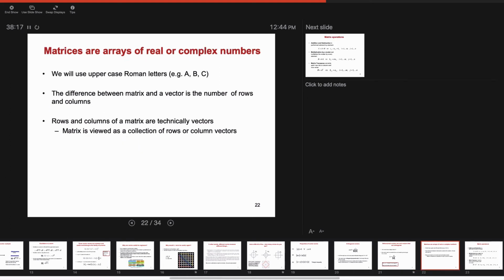Now we move to matrices, and now we have to define matrices. We're typically going to use uppercase Roman letters for them. The difference is that I have now multiple rows and columns, and I have to be aware of who is in the row and who is in the column. Sometimes it matters, sometimes it doesn't. But again, this screen has an orientation.